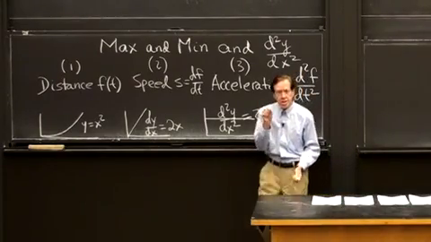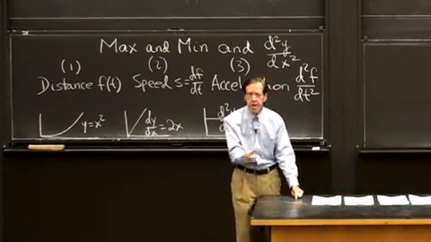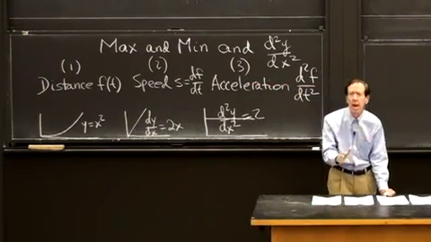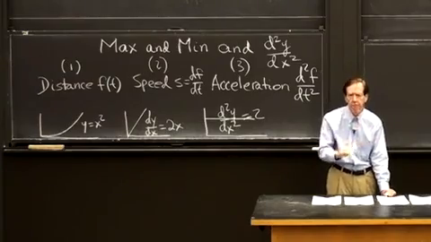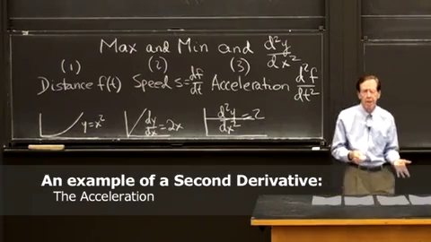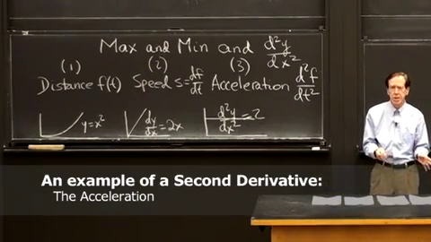And it's the second derivative that tells me which it is. The second derivative tells me the bending of the graph. So we now will have 3 generations.